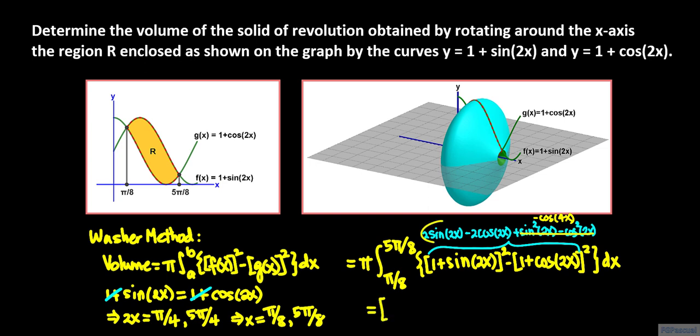An antiderivative of 2 sine 2x is minus cosine 2x. An antiderivative of minus 2 cosine 2x is minus sine 2x. And an antiderivative of minus cosine 4x is minus 1/4 sine 4x.